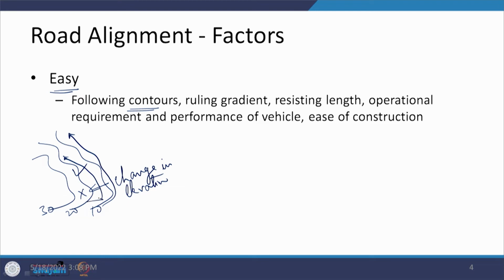If this particular distance is not much, say something like 10 meters or 20 meters, it may turn out to be a 1:1 or 2:1 condition, and whether this 1:1 or 2:1 condition is easy for the vehicles to traverse is what we are trying to look at. That is where the ruling gradient comes into the picture. Of course, we are going to talk about the various other gradients also when we take up the vertical profile or the vertical alignment.